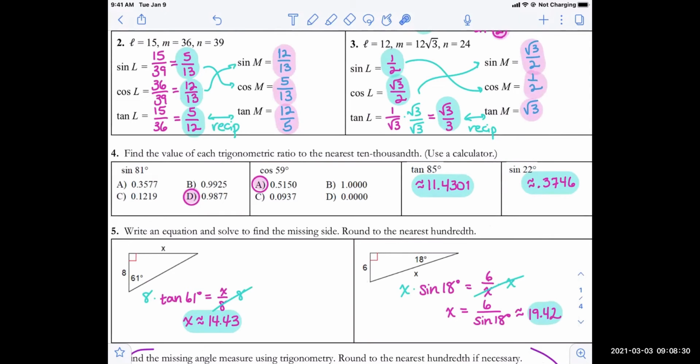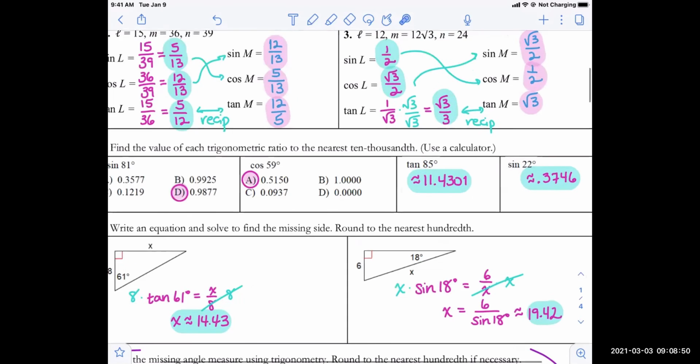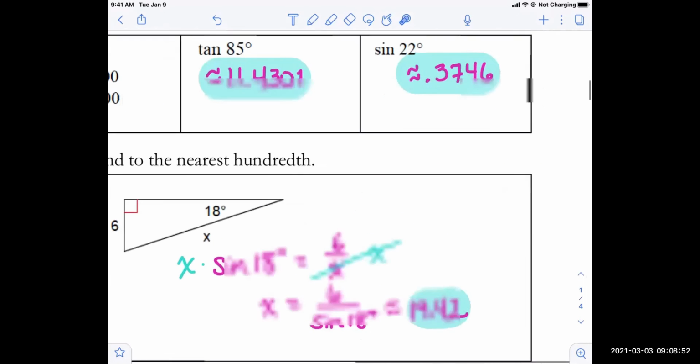So for these problems, on this one, you multiply 8 on both sides to get the denominator to cancel out over here. And then on this one, you've got the variable in the denominator, so you want to multiply by x on both sides and then divide over sine of 18. I don't think that I had time to tell you guys this yesterday. Some classes we did talk about it.